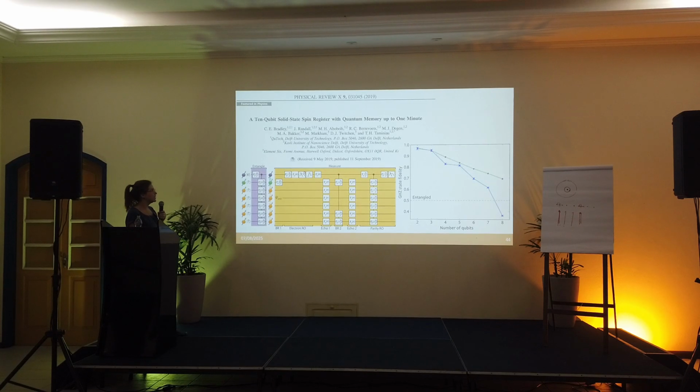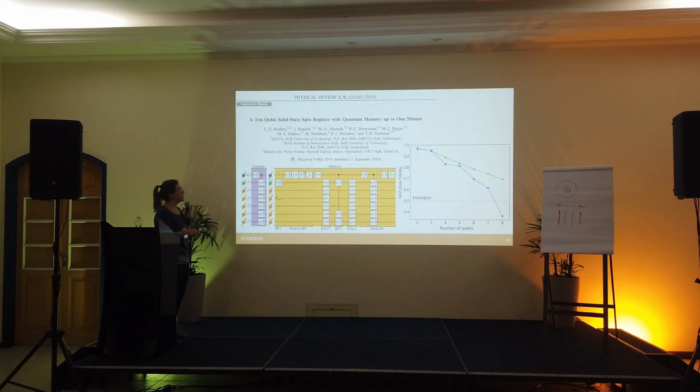This is what they predict based on a theoretical model that doesn't include back action, so it doesn't include interactions between the nuclear spins that are mediated by the electron spin. And very clearly they perform worse than that, but they can extend this qubit cluster state all the way up to 7 qubits, and then you start losing the potential of entangling your 7 qubits.